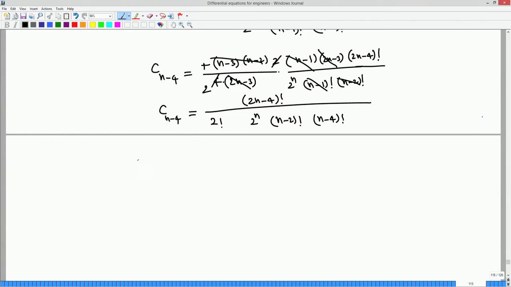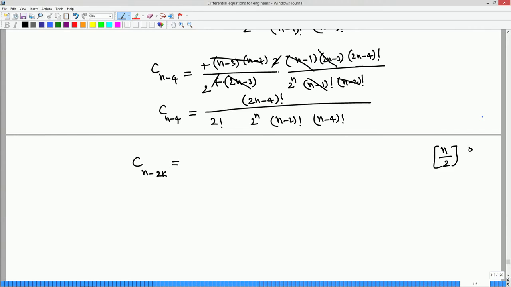Okay. So, like this, if you go on by induction, you can write Cn minus 2k. How long can you go? If n is even, let us say 2k, I can go up to k equal to n by 2. Okay. If n is odd, I can go only up to C1. That means if n is odd, you simply calculate n by 2, the integral part of it.